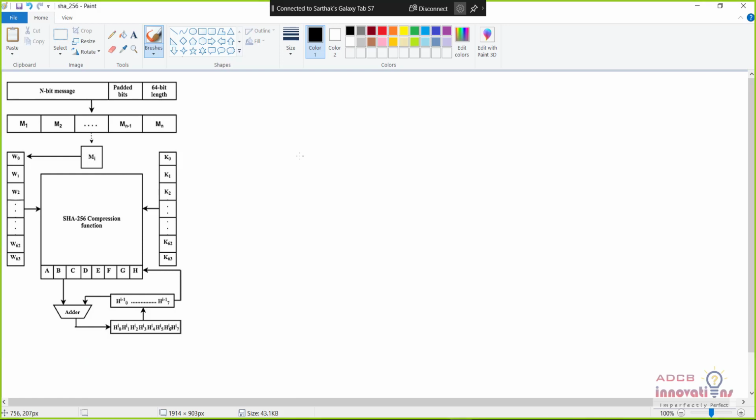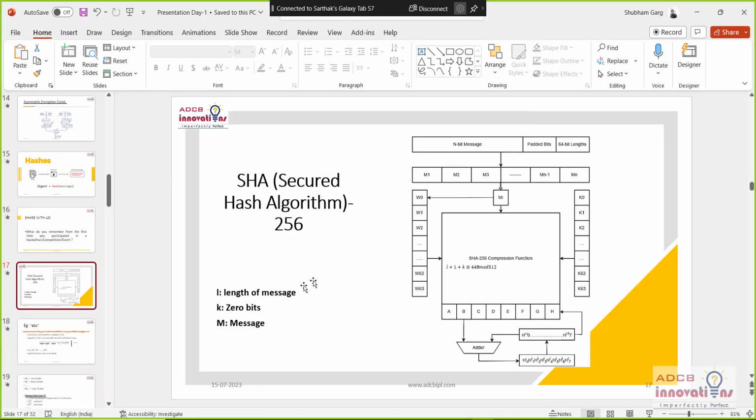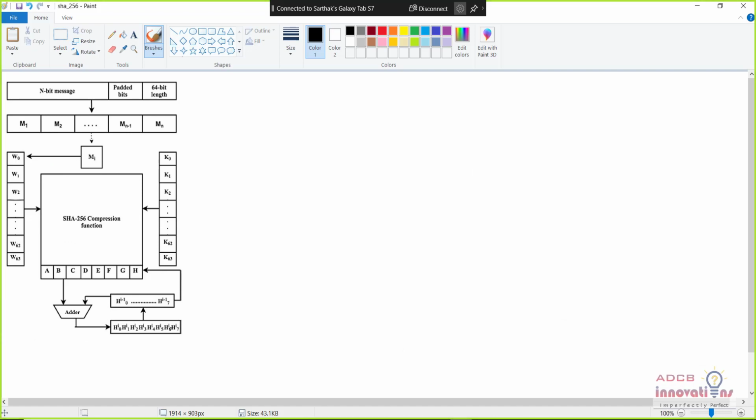First, some definitions. There is an equation: L plus 1 plus K is equivalent to 448 mod 512, and that equation must be satisfied. Let me write it here: L + 1 + K ≡ 448 mod 512, and then 64 more bits are added.